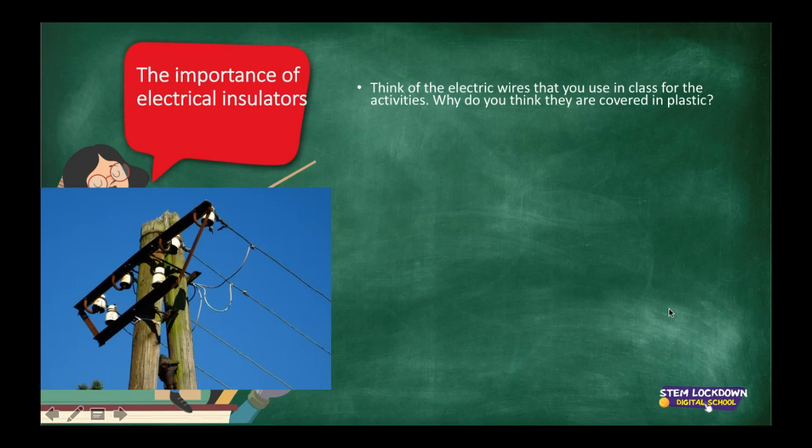I see Anonymous saying, ma'am, there are some houses in the rural areas that have wheels on their roofs. I'm sure you mean tires. Yes, very good. You're 100% right. You might find homes, especially homes made of corrugated iron. Now, remember, iron is already a conductor.